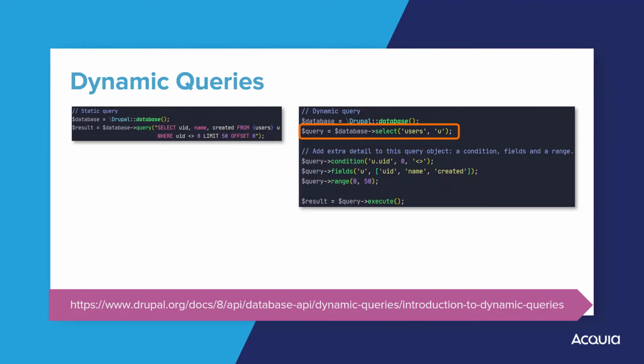After instantiating the query object, we then call the condition method to say we do not want to include the UID of 0. Next, we call the fields method to identify the fields that we want. And then we perform the range method to limit the query to the first 50 users. The final step then is to execute the query to obtain the results, if any.